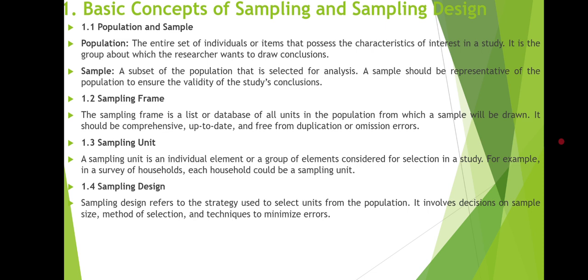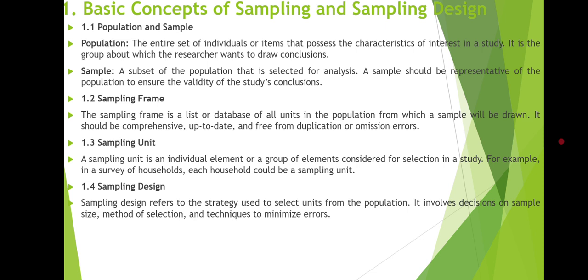Next, we have the basic concept of sampling and sampling design. So basically, let's understand the population. Population is the entire set of individuals or items that possess the characteristics of interest in a study. It is the group about which the researcher wants to draw conclusions. I already gave you the example of Himachal Pradesh, which represents the whole population.